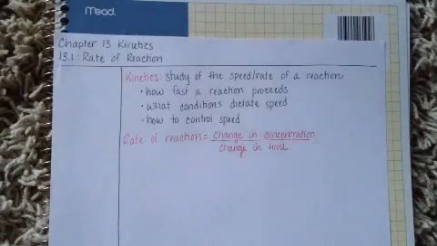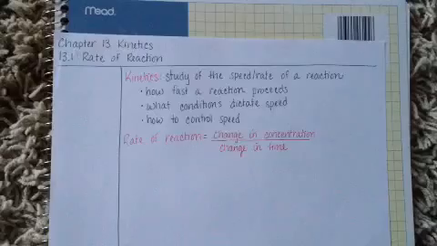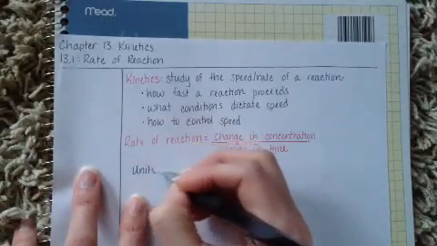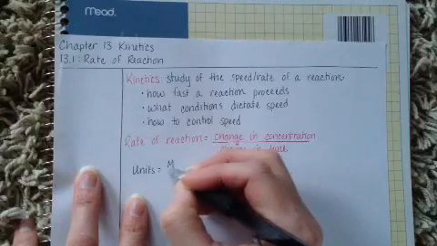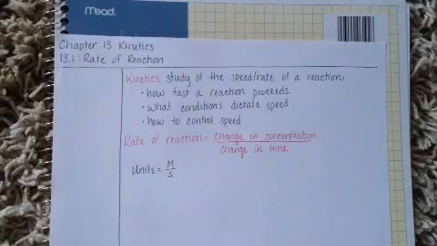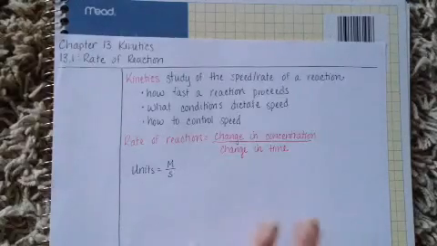Typically, the concentration is measured in terms of molarity. So the units of rate conventionally are molarity per second. And time is usually measured in seconds because reactions are usually pretty quick.